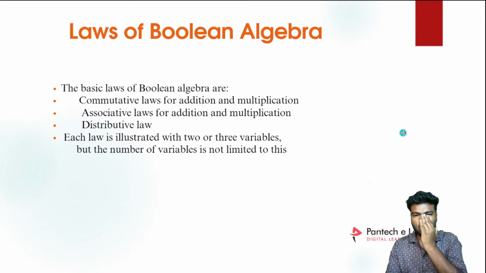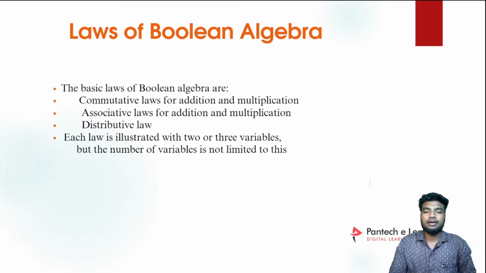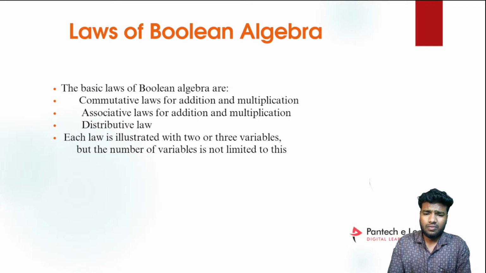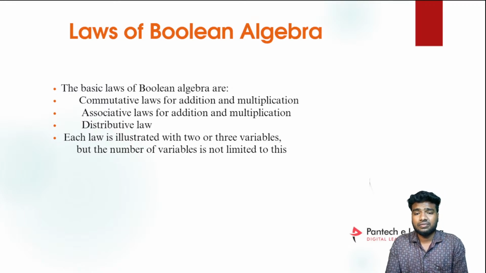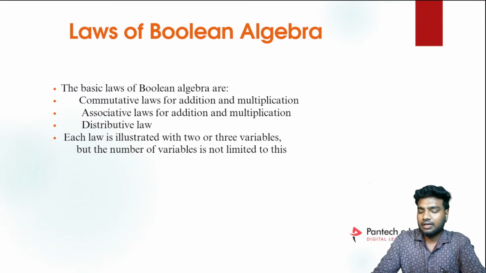Now let's move to the laws of Boolean algebra. There are three laws: commutative law, associative law, and distributive law. I hope you have read them in school and college. Let's see them one by one.